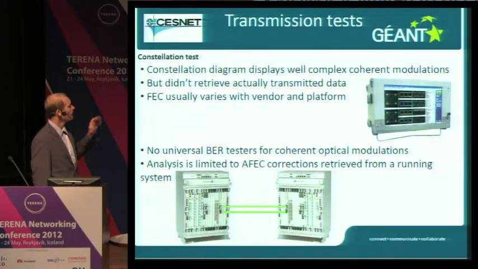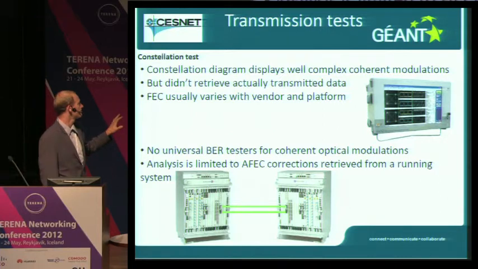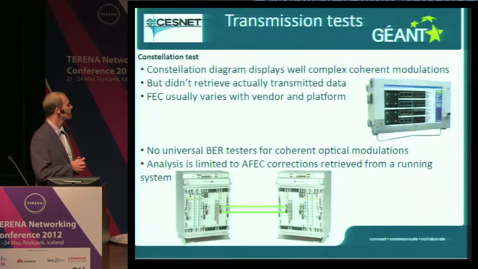We could see only the modulation itself, not the data from it. So the only way we could judge the performance of the system was from the FEC number which we retrieved from the boxes themselves. It's a statistical value which is gathered every 15 minutes, which is why we have those corrections per 15 minutes.